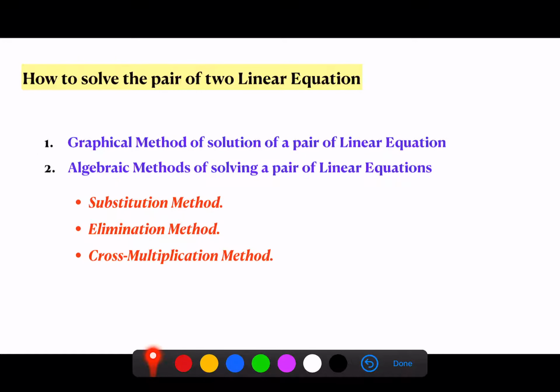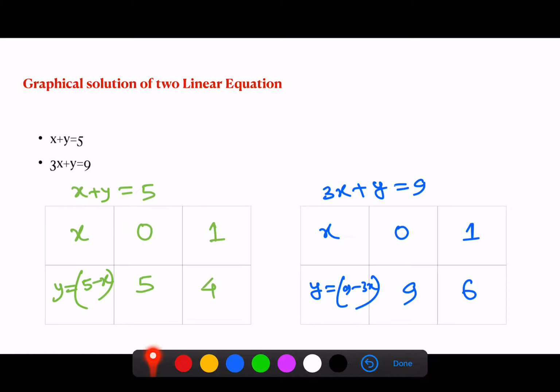Now how do we solve this pair of two linear equations? We use two methods: one is the graphical method and the other is the algebraic method. And in the algebraic method we use three methods: the substitution method, the elimination method and the cross multiplication method.